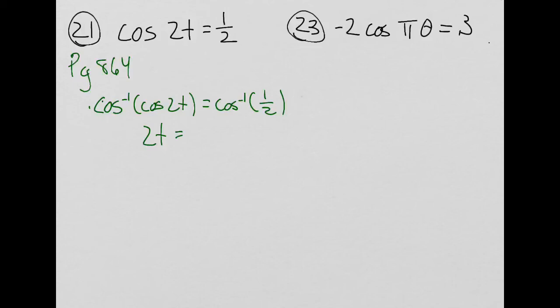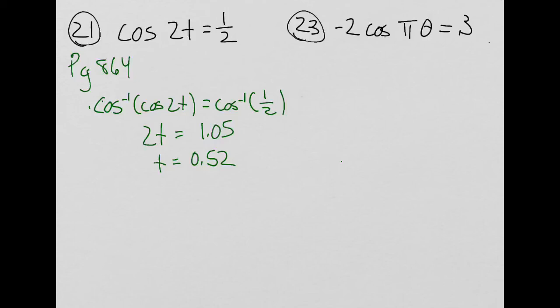Inverse cosine is just a second cosine. So I'm going to do second cosine of 1/2 and get an answer there. That's 1.05 approximately. Again, that's second cosine. And now all I have to do is divide by 2. So I get t is approximately equal to 0.52.